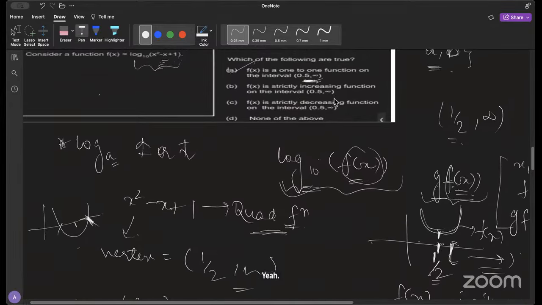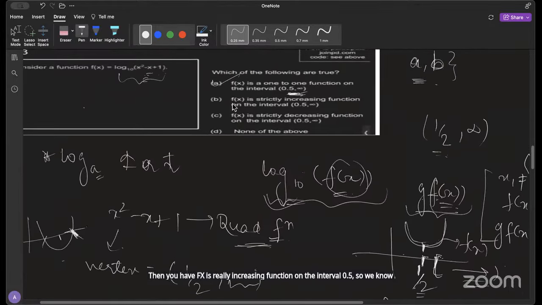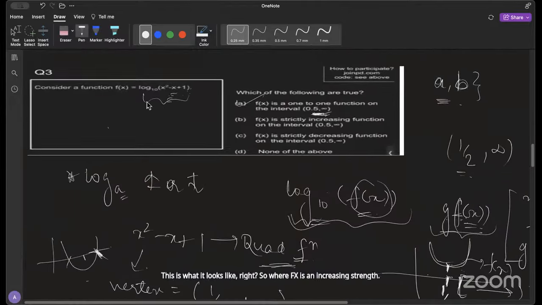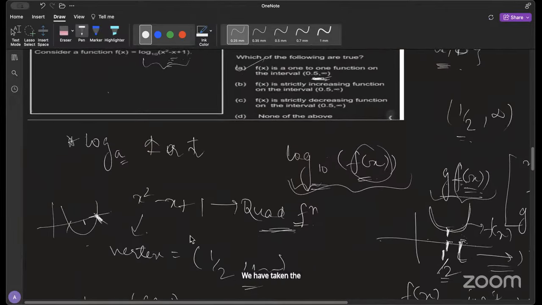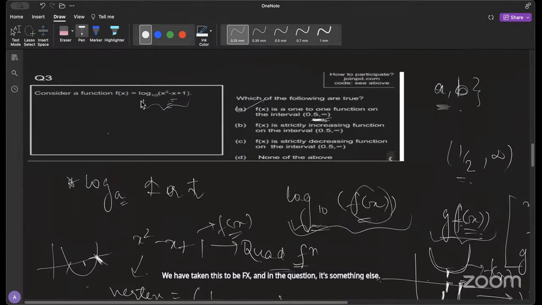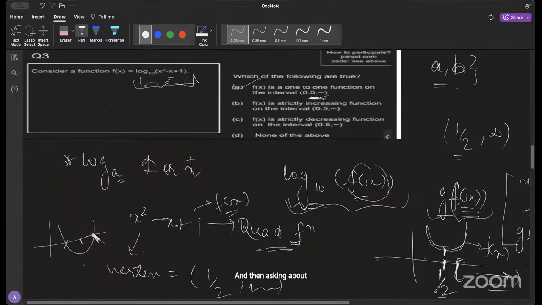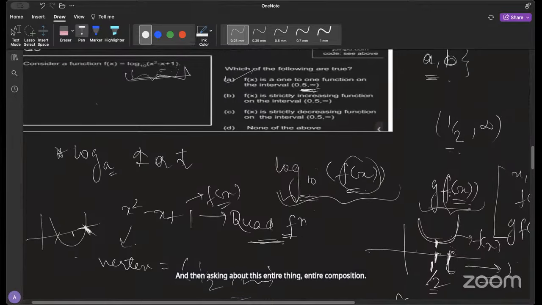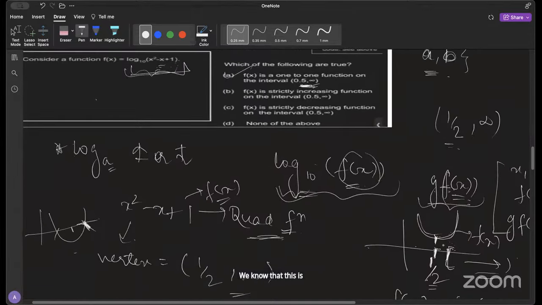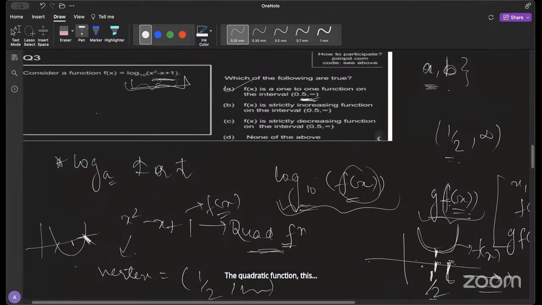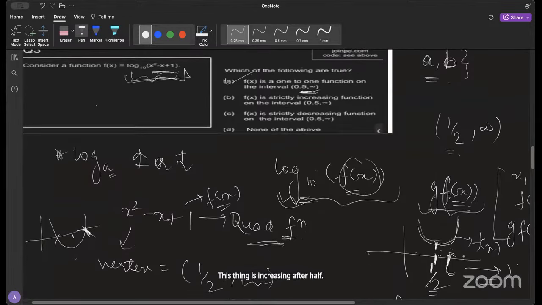Then you have f(x) is a strictly increasing function on the interval 0.5 onwards. So we know that a function, this is what it looks like, right? We have taken this to be f(x), and in the question it's something else. It's this entire thing, and they're asking about this entire composition. We know that this quadratic function is increasing after half, right?